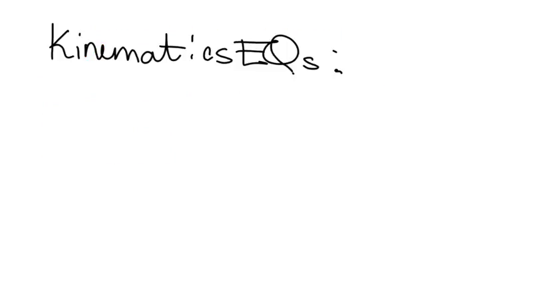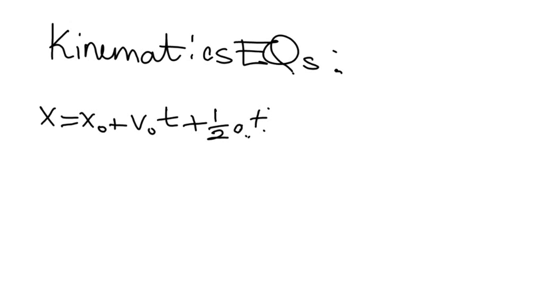Before we start solving problems, I just want to quickly remind you of the basic kinematics equations and what they mean. Our first kinematics equation, which you will at some point in your life know by heart, is x equals x naught plus v naught t plus 1/2 a t squared.